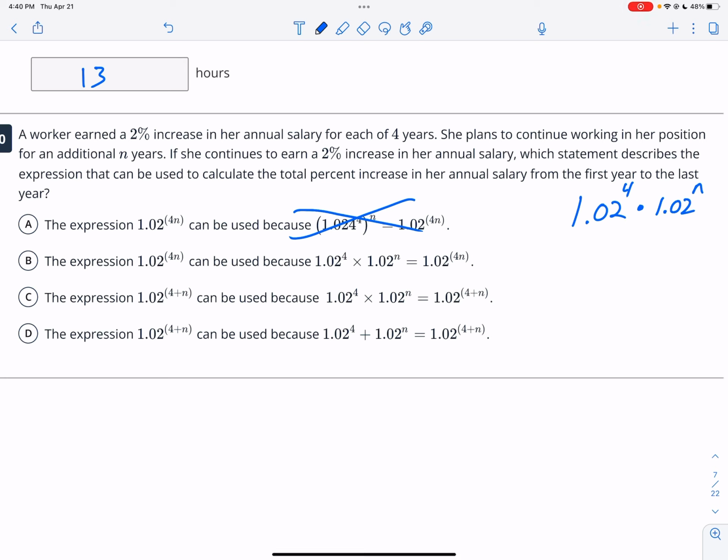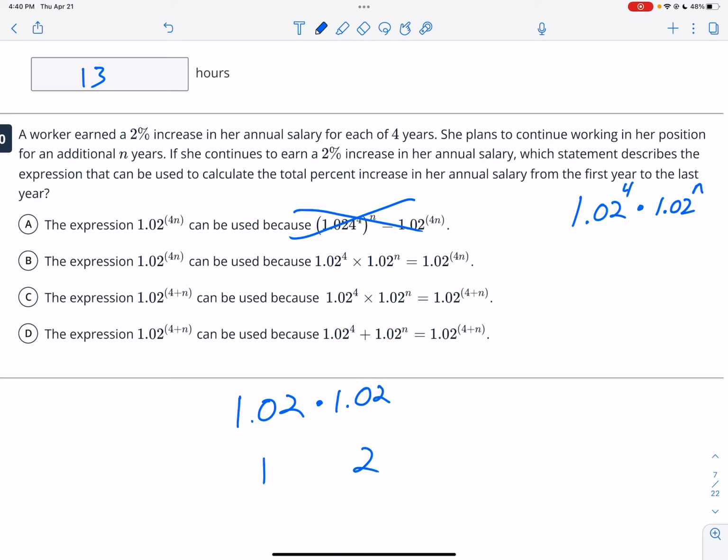Now, again, this might seem a little confusing, but if you have her salary, her salary is something, right? And what we're going to multiply our salary by every year: after 1 year, we're going to multiply it by 1.02. The next year, we're going to multiply that salary, because that'll be her new salary, by 1.02. This is year 2.